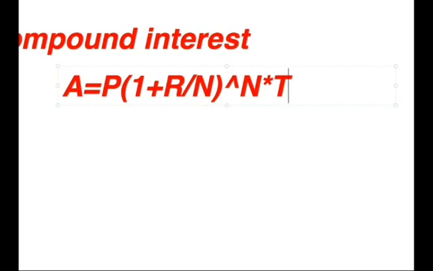That will be your power. Whatever you simplify in the brackets, you raise to the power N times T, then multiply by your initial principal balance. So this is your basic formula.